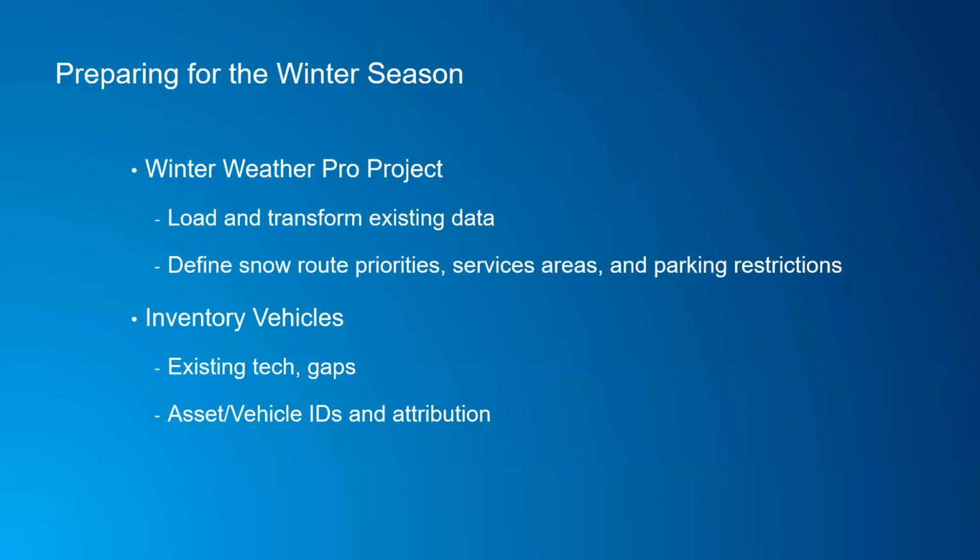This is an important part of the planning process and enables one of the more unique and powerful capabilities of the winter weather operations solution, which is the ability to create a common operating picture of all of the vehicles supporting your operations, which means you can even support contractor vehicles if needed.